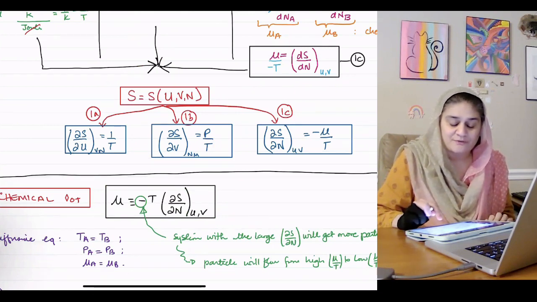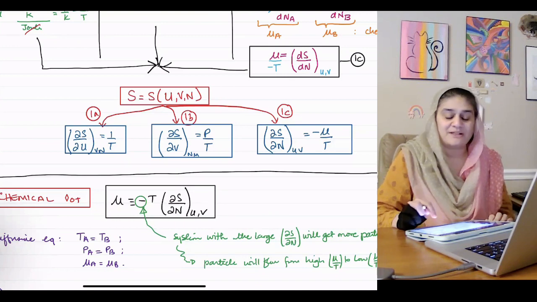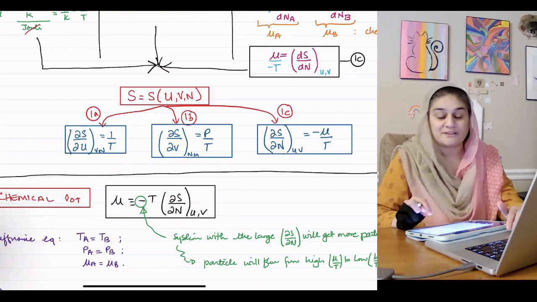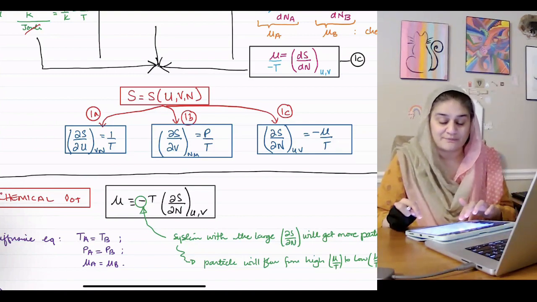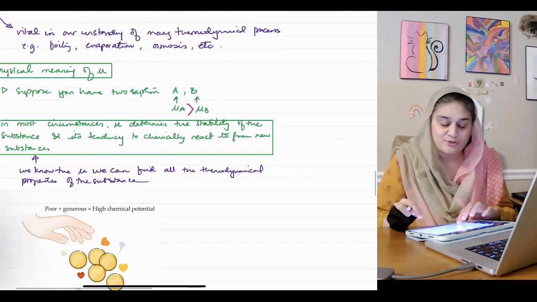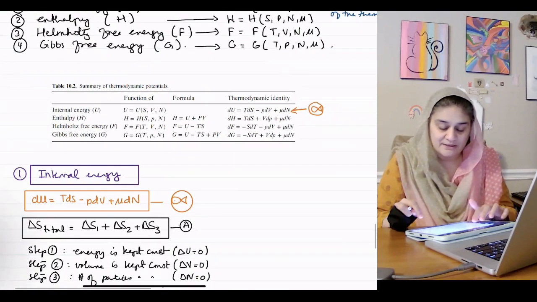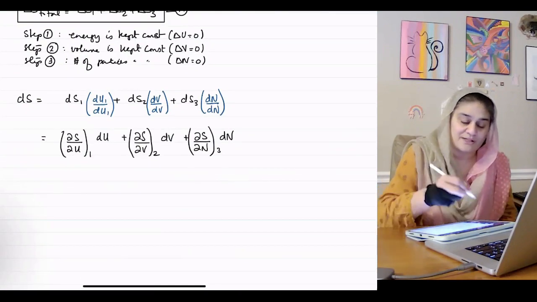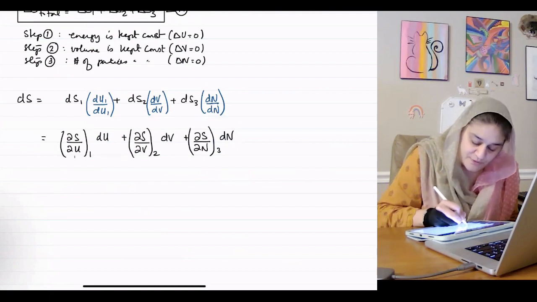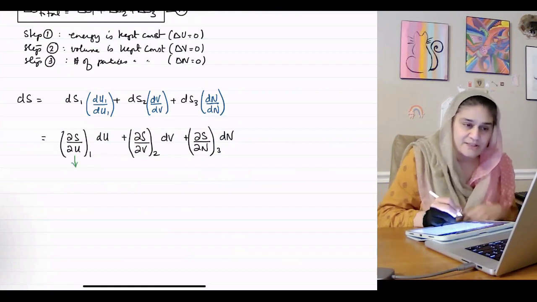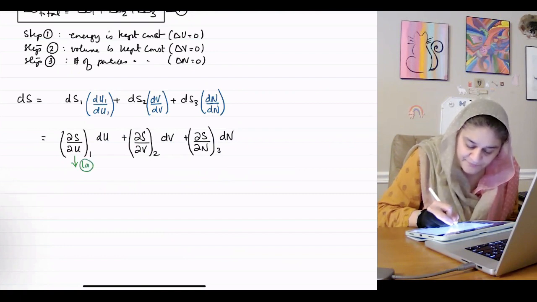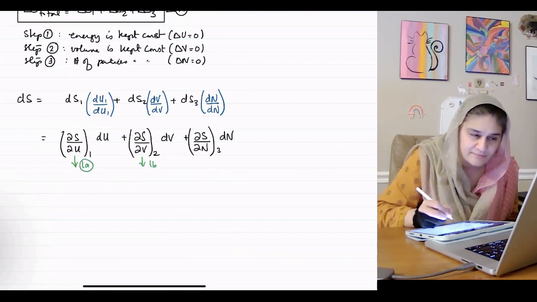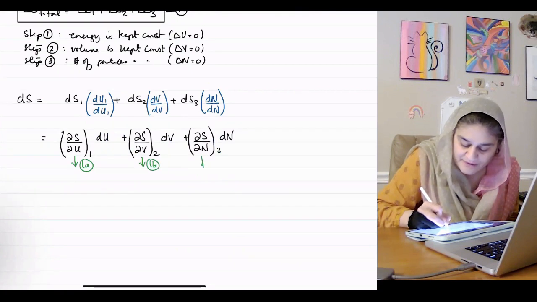So partial S over partial U is 1 over T, partial S over partial V is P over T, and partial S over partial N is minus mu over T. So may I rewrite all of those values in here? So this one is from 1a, this is from 1b, and this is from 1c.